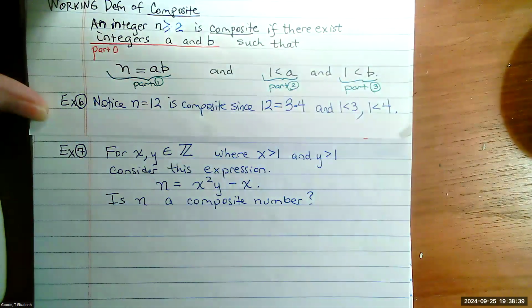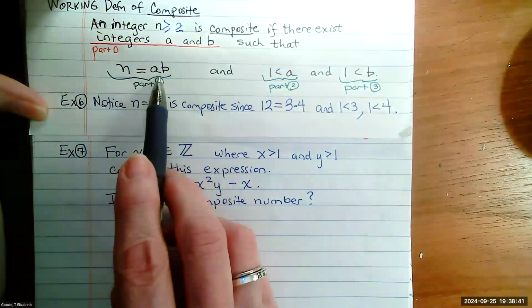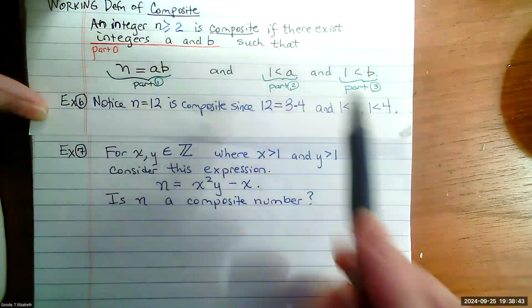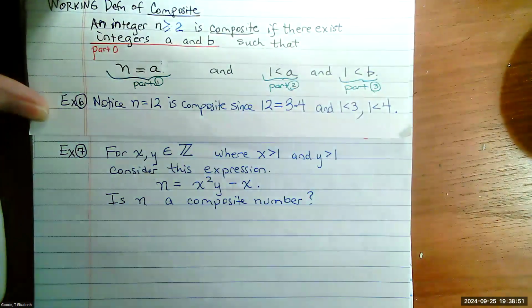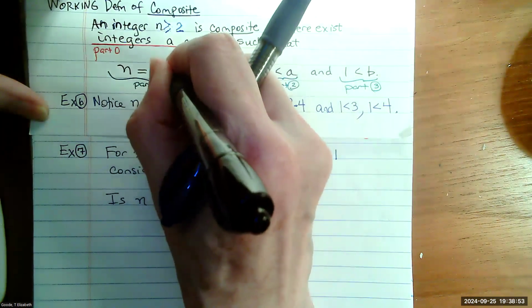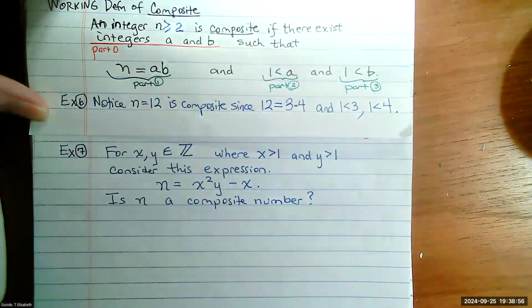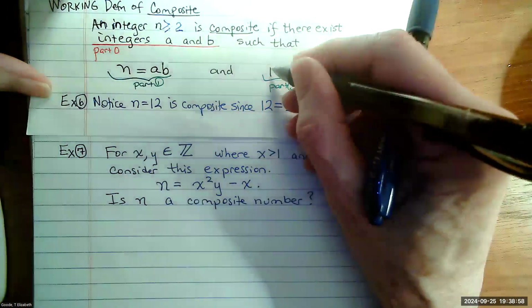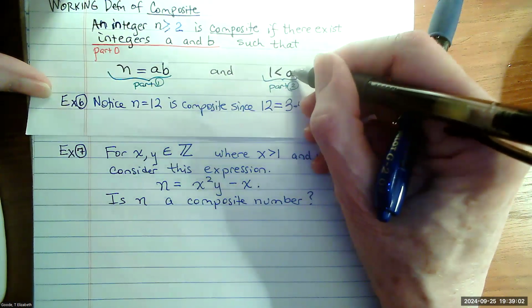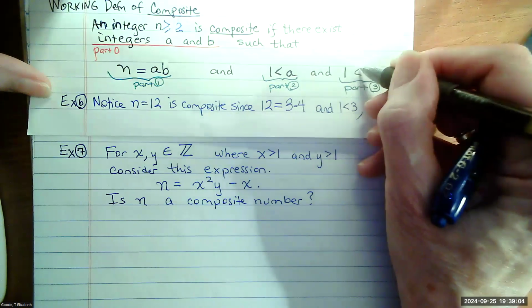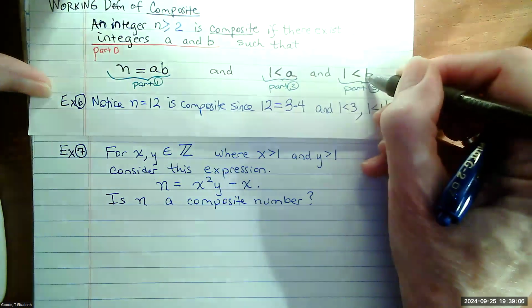Can we factor N as A times B, where we'll be able to show that both A and B are bigger than 1? What do you think? Anybody got any opinion?